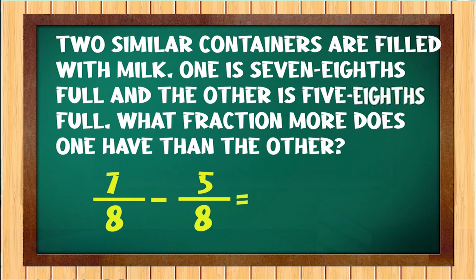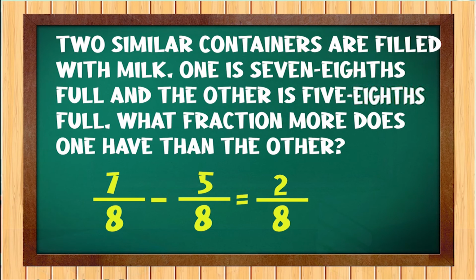When our denominators are the same, we only subtract our numerators. We never subtract our denominators. So it's 7 take 5 over 8, the common denominator. When we take 5 from 7, we will get a result of 2.